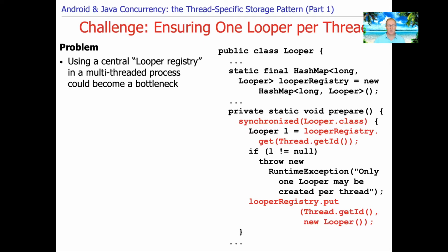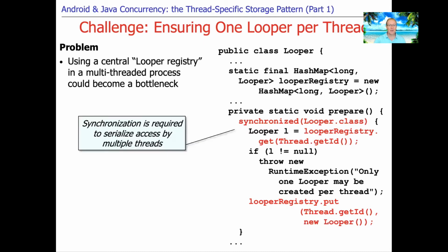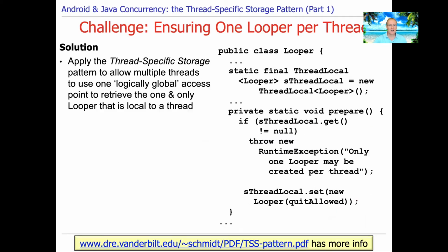It would just get to be unwieldy and inefficient. Why would that be the case? Because you'd have to have synchronization using synchronized keywords or the ReentrantLock and so on.